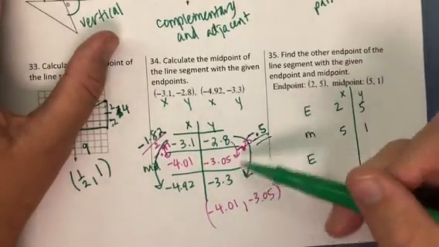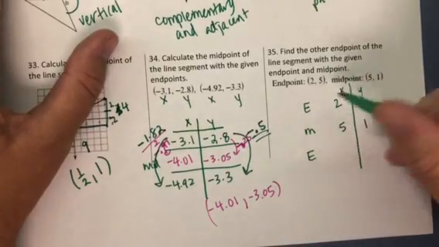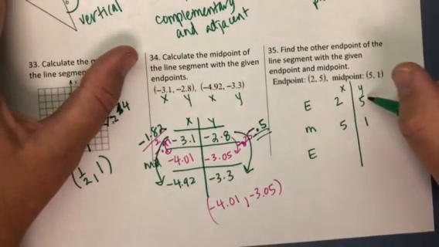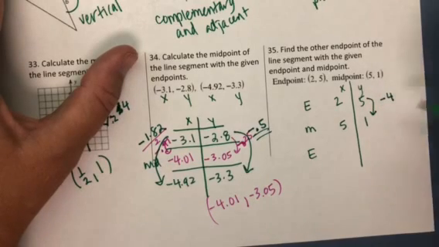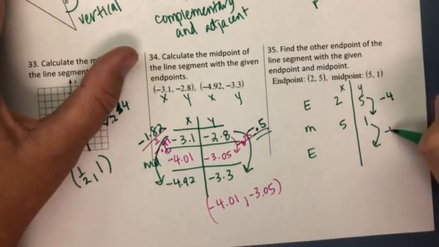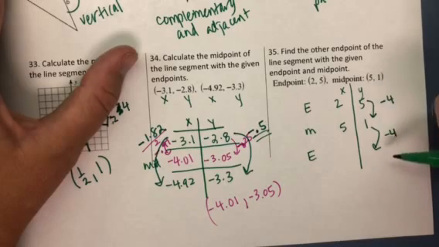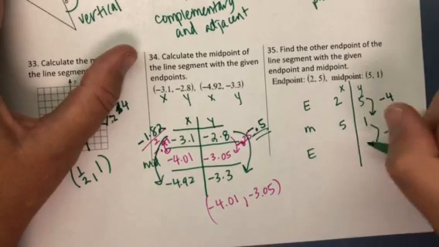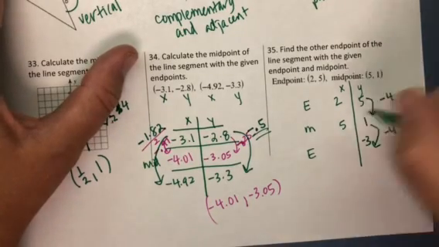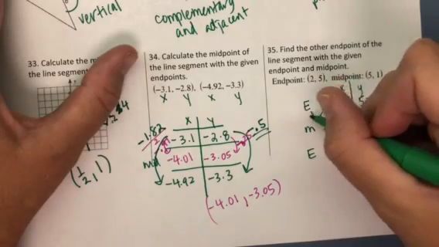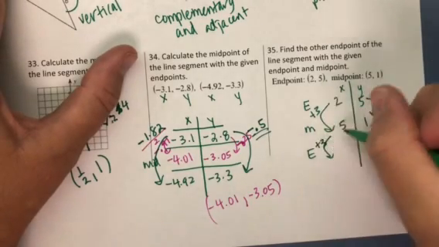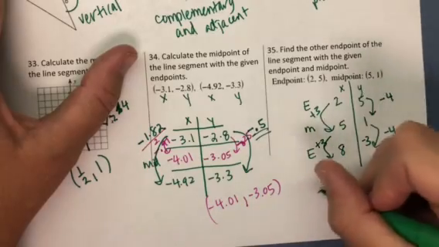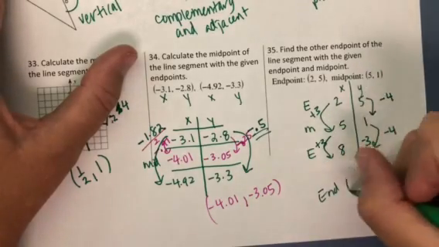Instead of cutting the change in half, I'm just going to repeat the change. So from 5 to 1, I'm decreasing by 4. I'm going to decrease by 4 again to reach the other endpoint. So 1 minus 4 is negative 3. From 2 to 5, I'm increasing by 3. I'm going to do that again. 5 plus 3 is 8. So my other endpoint is at 8, negative 3.